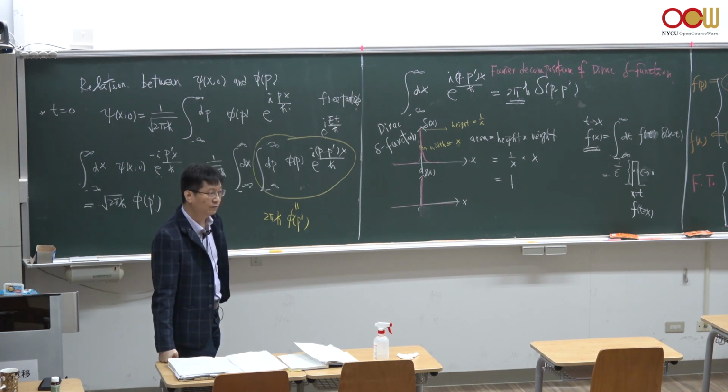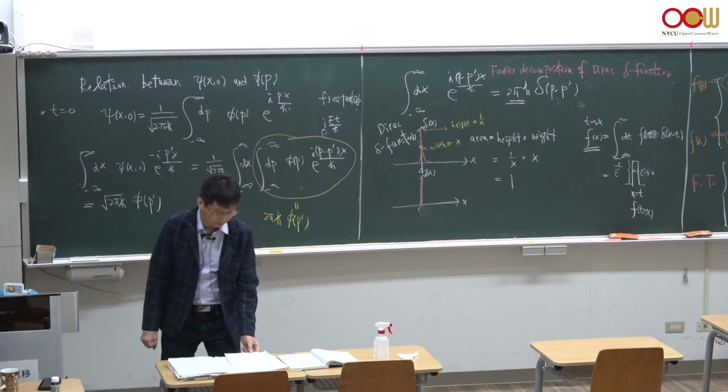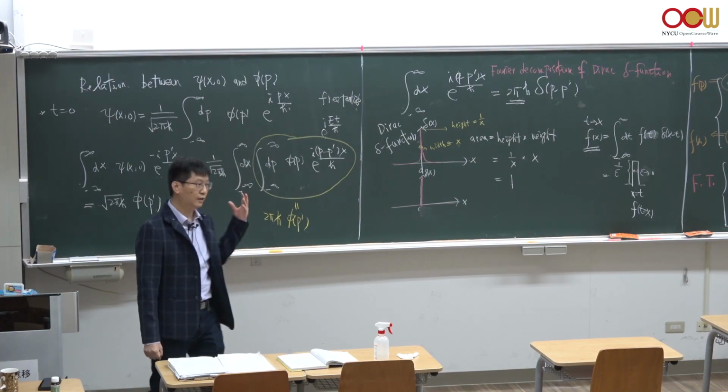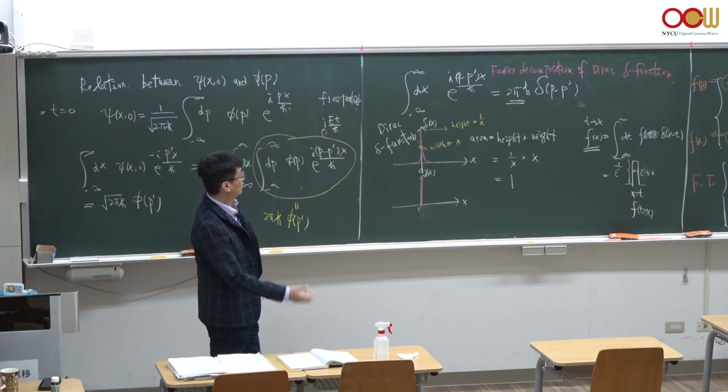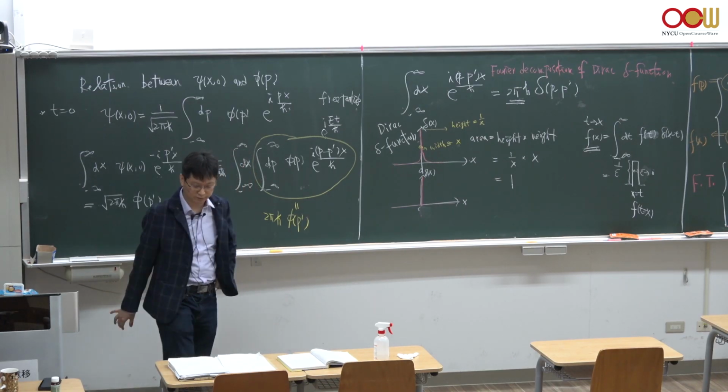Namely, if we have any specific form of wave packet that you can write down, and their Fourier transform wave function can be derived, the error bars in both cases will always satisfy the Heisenberg relation. So this is kind of empirical evidence that if you write down any arbitrary wave packet and its Fourier transform, the widths of the distributions of these two wave functions should always satisfy the Heisenberg relation.